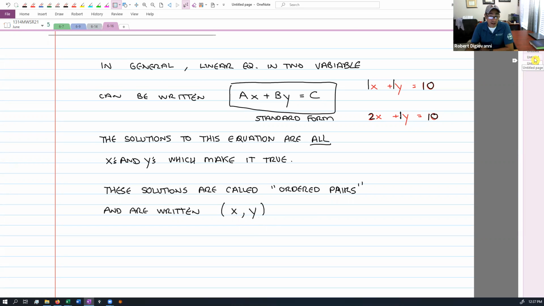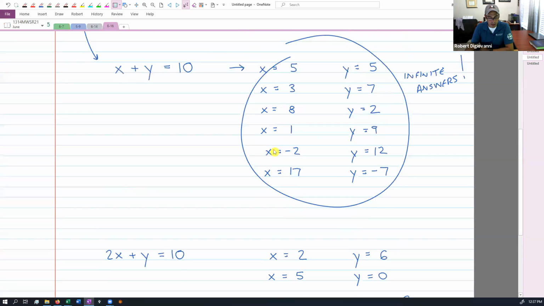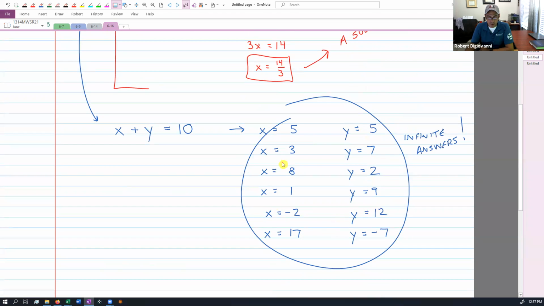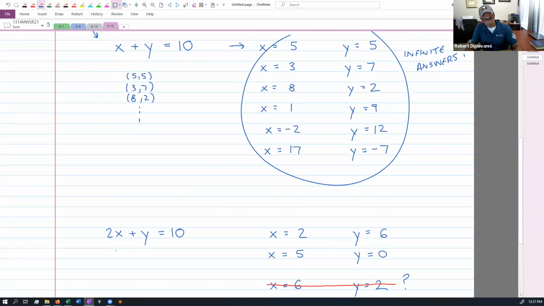If you go back and look at the problems we did here, if I wanted to list out these solutions as ordered pairs, I could write 5, 5. I could write 3, 7. I could write 8, 2. And I could keep going. For this one, I could write 2, 6, 5, 0. Those are the ordered pair solutions to the equations.